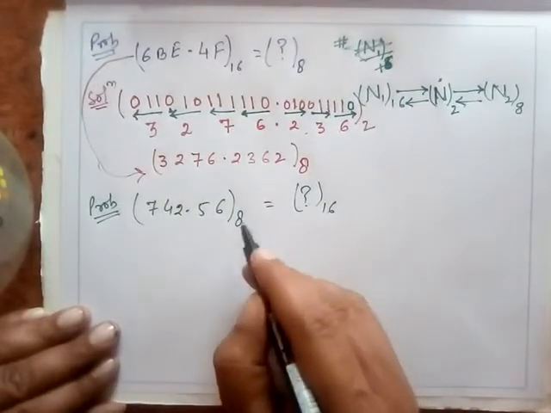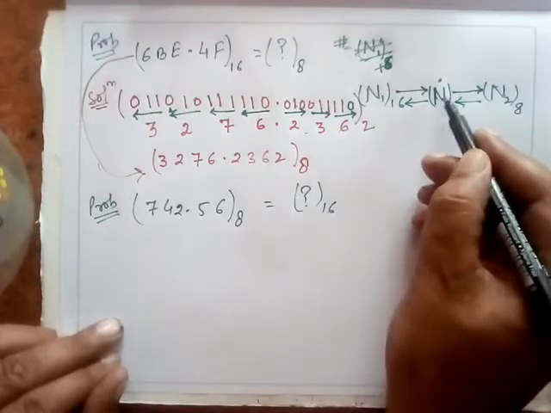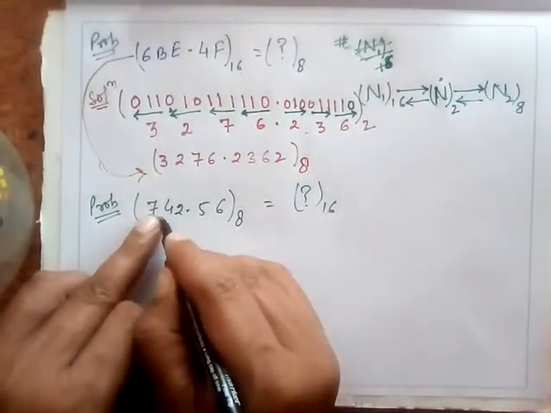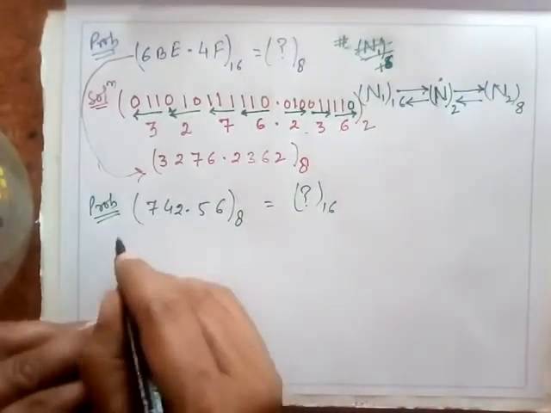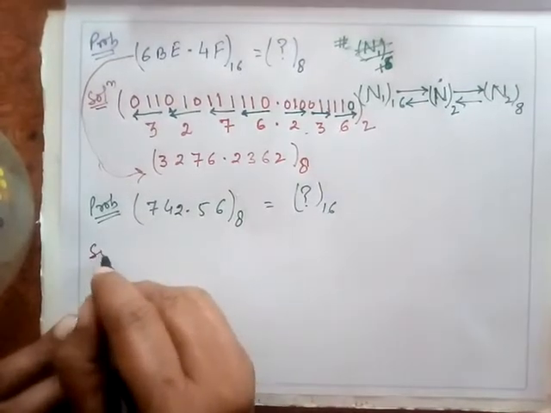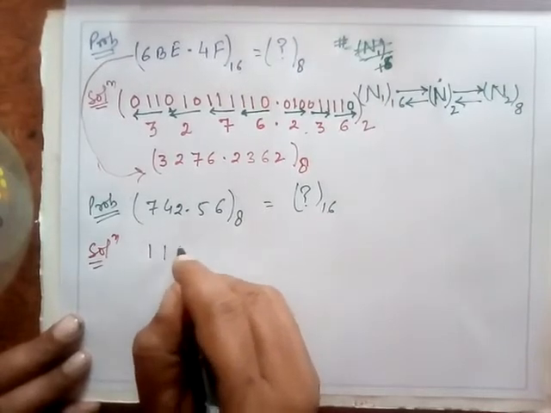Initially I'll convert this base 8 into base 2 and then the resulting base 2 into base 16. So in an octal number, if I have to convert octal to binary, I have to represent every digit by 3 bits. So this 7, look at the solution. The 7 corresponds to 111.